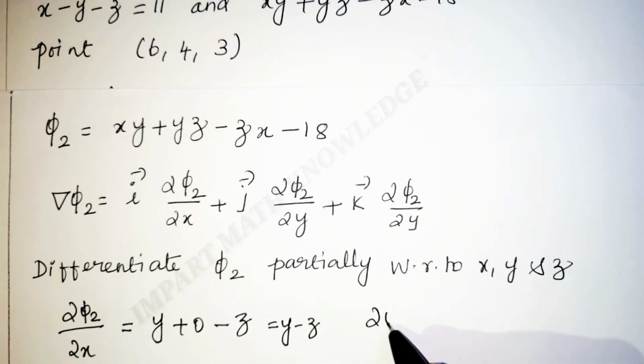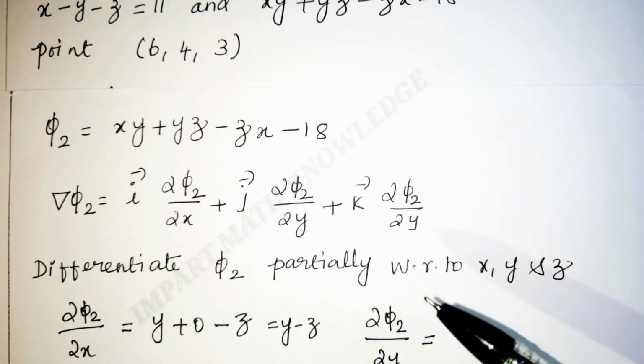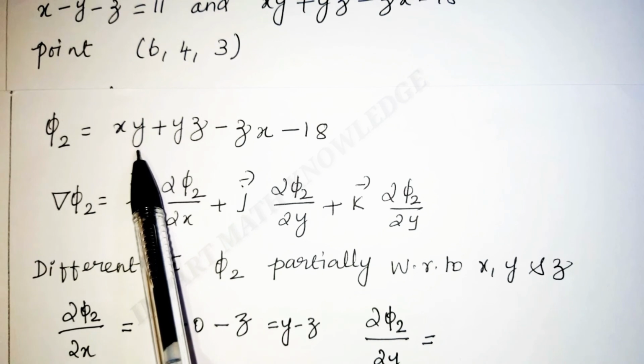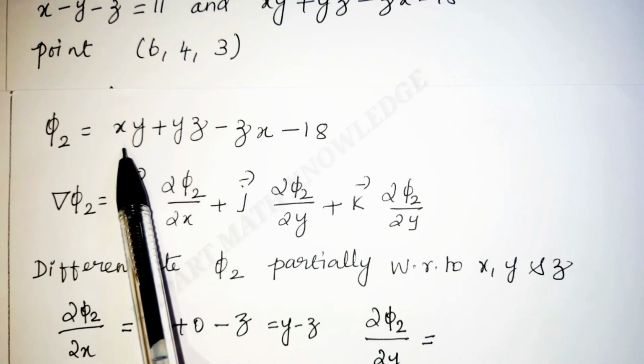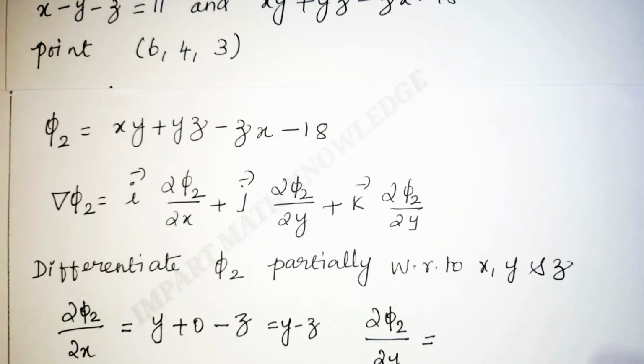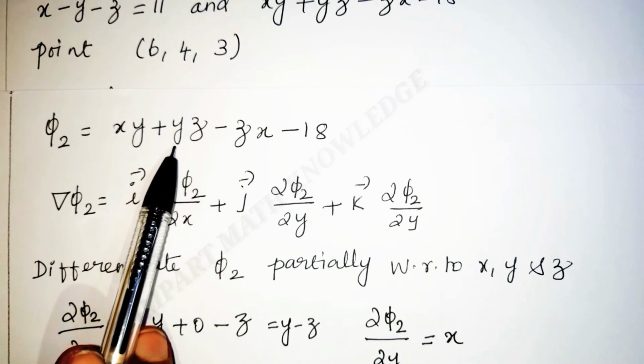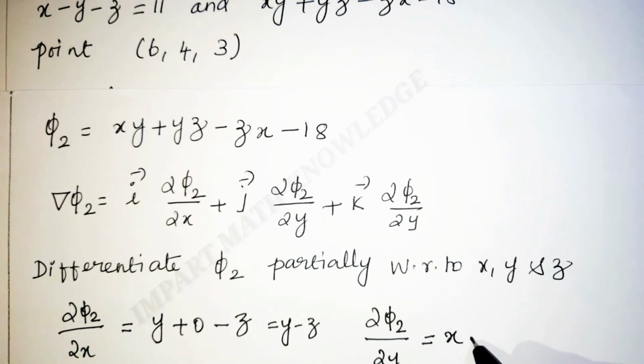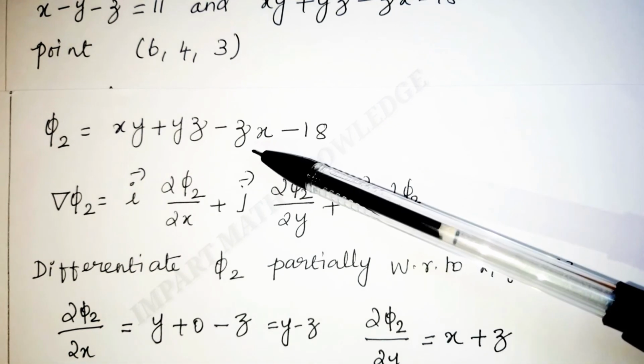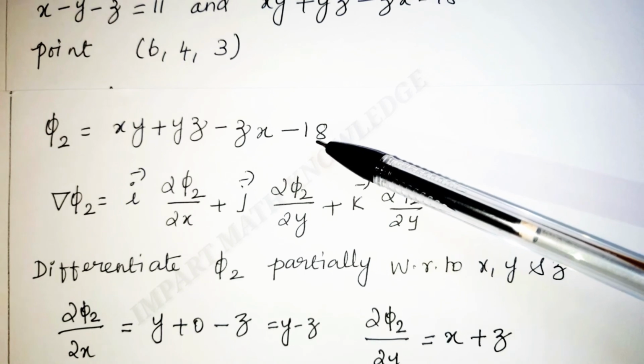Next one, dou pi 2 by dou y. The first term contains y, so the differentiation of y is 1, so 1 into x is x. In the second term y is there, so the differentiation of y is 1, 1 into z is z. In the third and fourth terms y is not there, so 0.